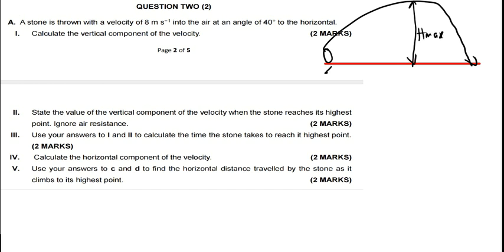The horizontal distance is what we call the range. So remember, it's going to be thrown at an angle, like we have said. The angle is 40 degrees. The initial velocity is 8 meters per second. Once it reaches the maximum height here, the final velocity is 0. Now we can start solving the questions.